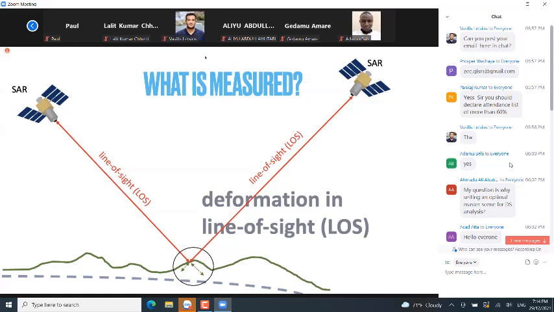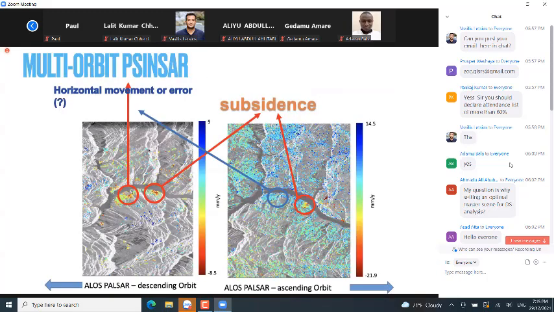If we analyze that here, in this case, the Badung example, we have ALOS PALSAR data, one from a descending orbit, one from an ascending orbit. In the descending orbit, if we go right in this area here, you see in both areas it's negative. So it's a subsidence here. You can identify that very clearly.